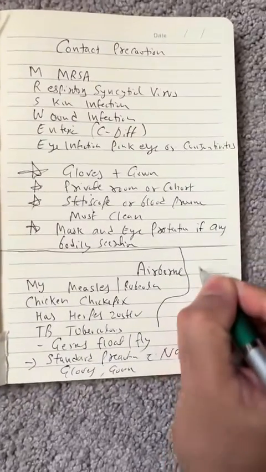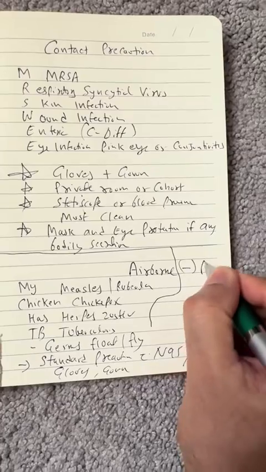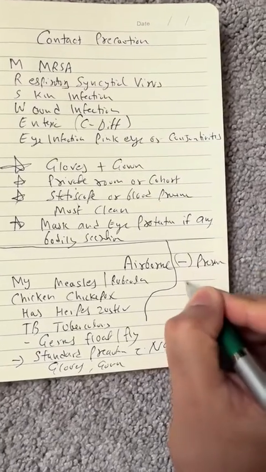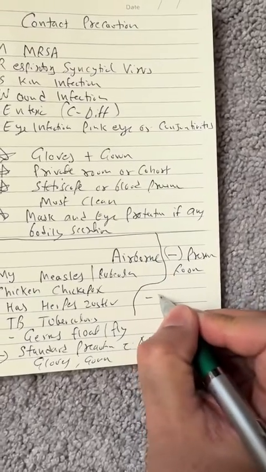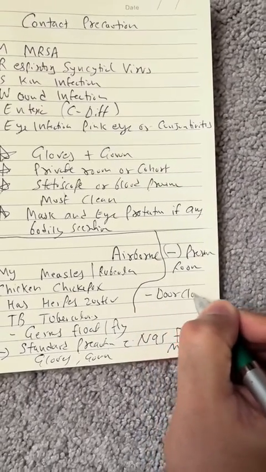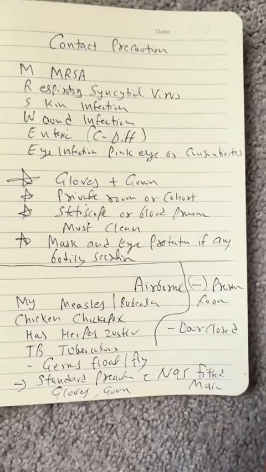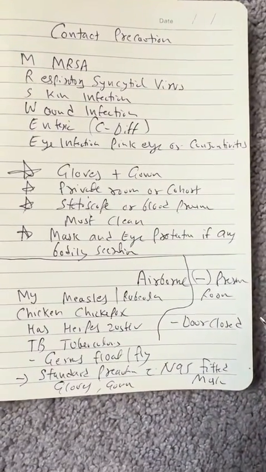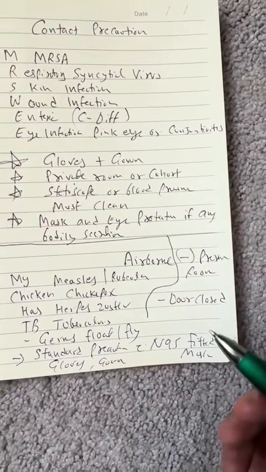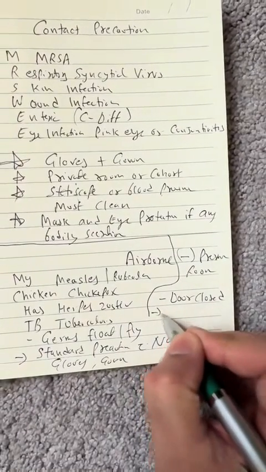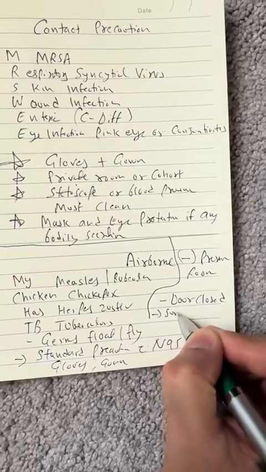The patient must have a negative pressure room, with the door closed all the time. If you have to take the patient for any appointment or anywhere, the patient must wear a surgical mask.